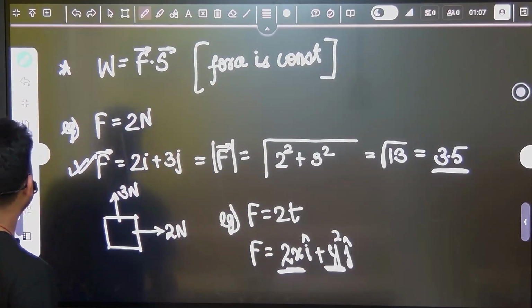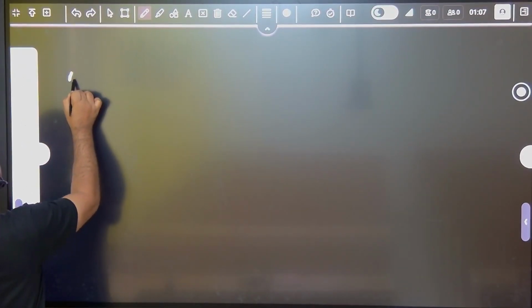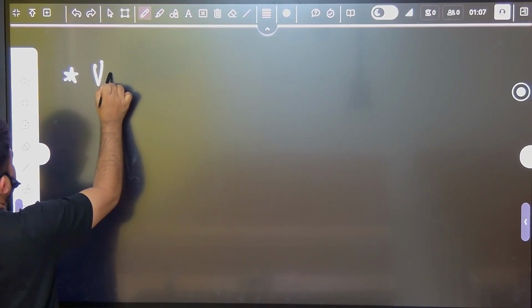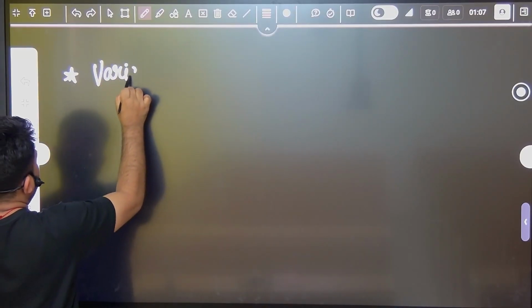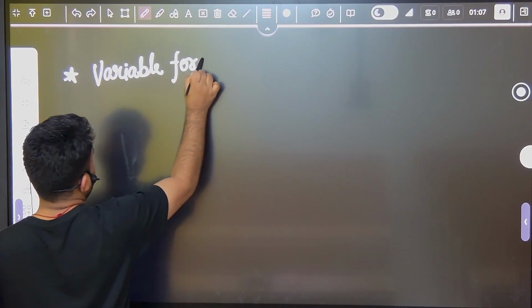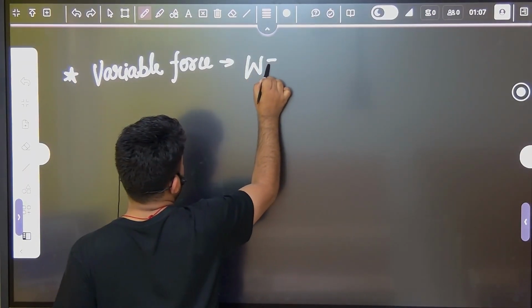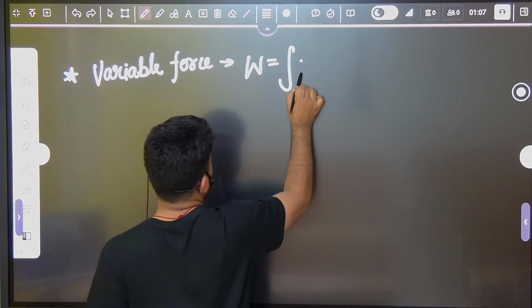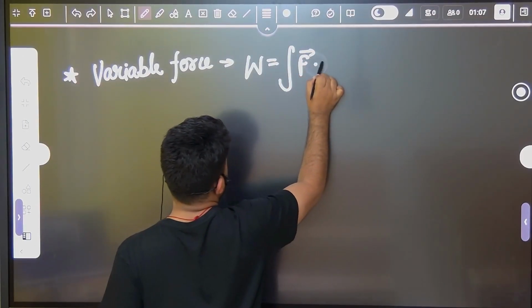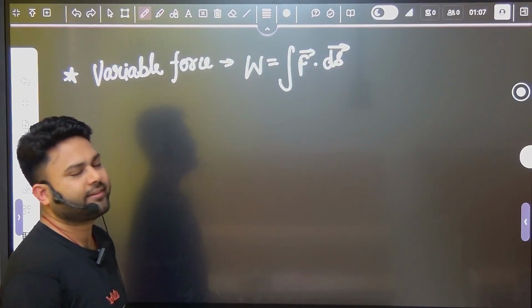Now how to find the work for a variable force? If the force is a variable force, then work is written as integration of F dot ds, where ds is the displacement.